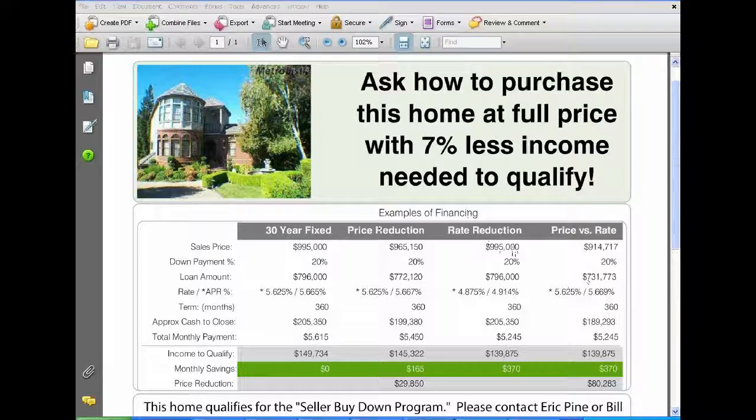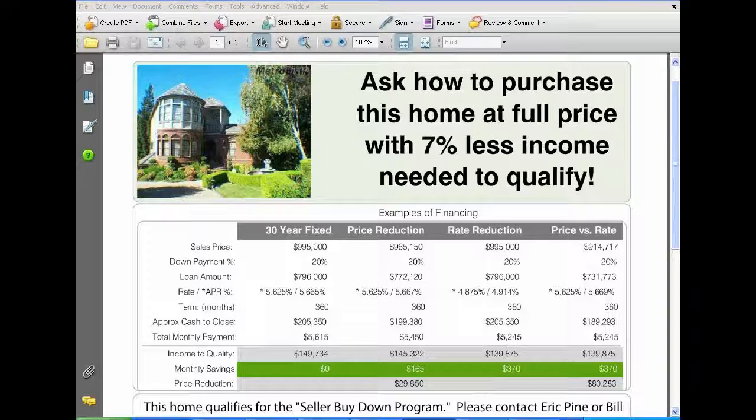Okay, so there's a question here. I know the seller buy down is a new concept for some, and it's been in the industry for a while. Any questions on how that seller buy down works? There's a permanent buy down and a temporary buy down. The temporary buy down is the 3-2-1 or 2-1.